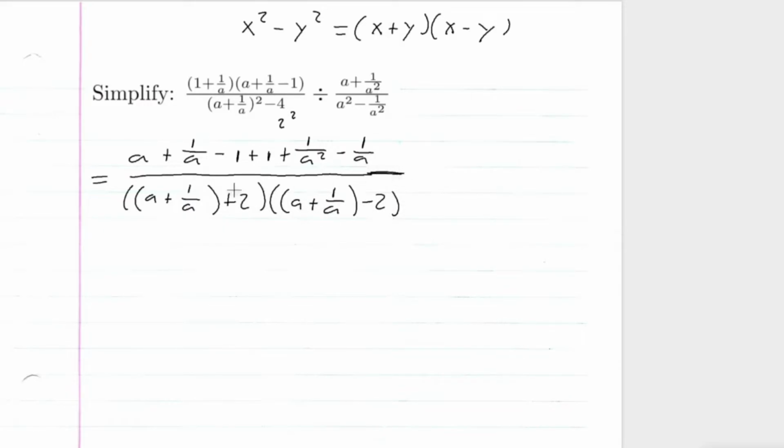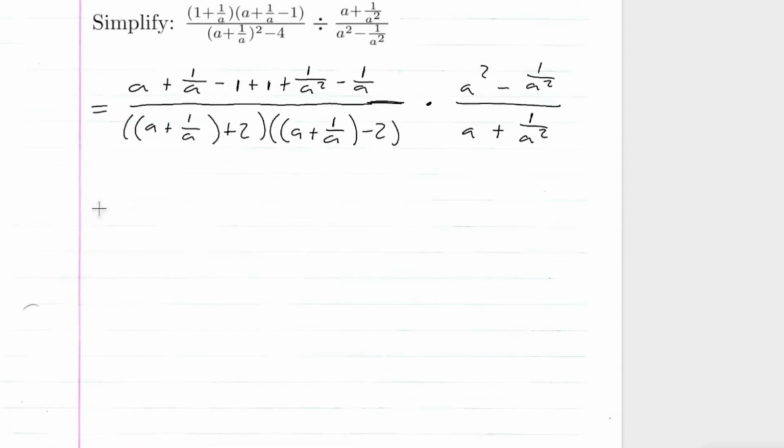So let me go ahead and erase this. And then instead of dividing, I'm just going to multiply by the inverse because that's the same thing as division. So it's going to be a squared minus 1 over a squared over a plus 1 over a squared. Now let's go ahead and simplify the top.